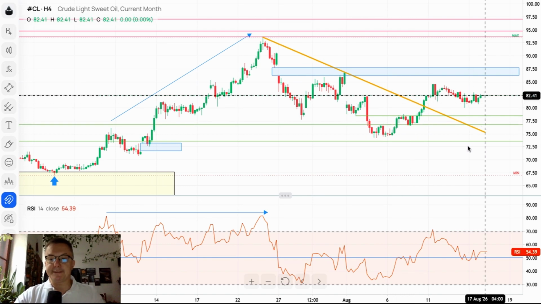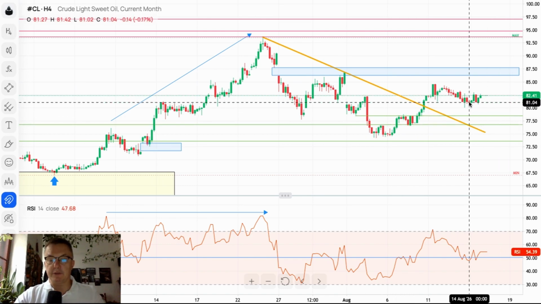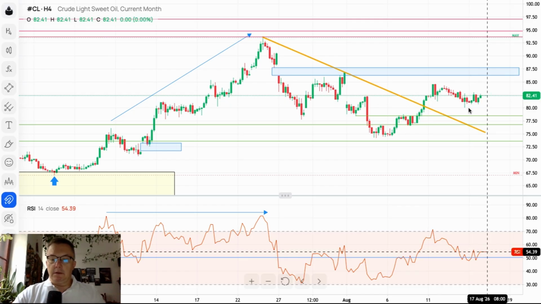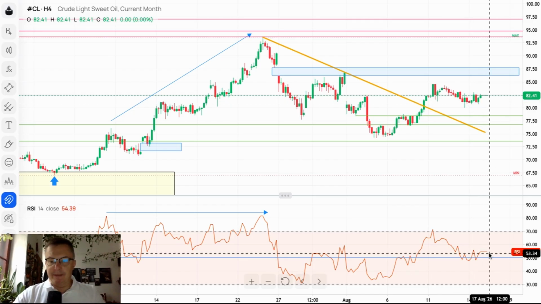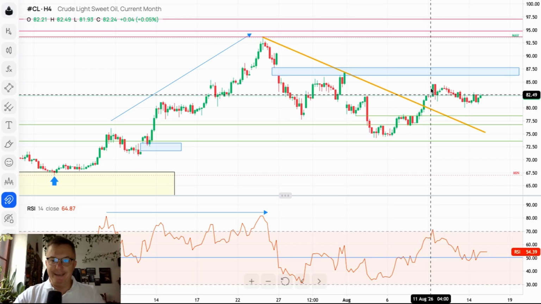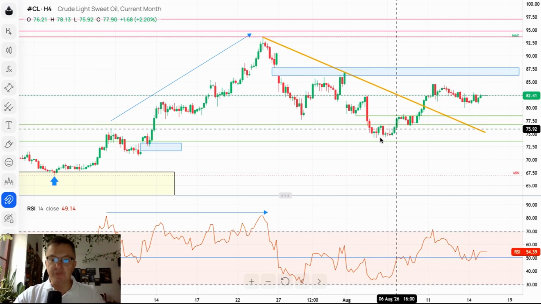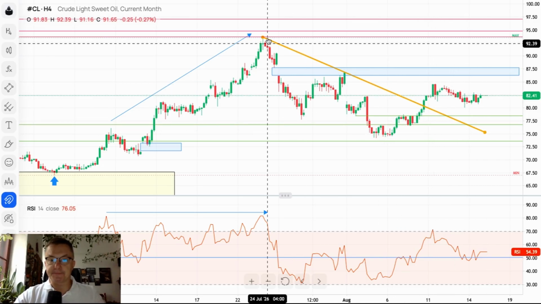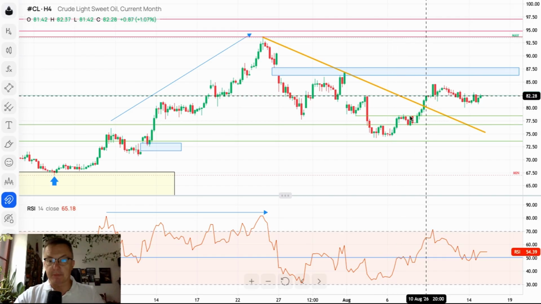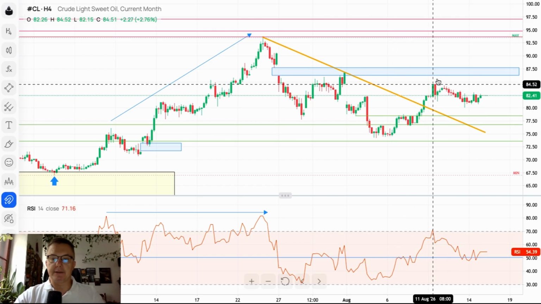Crude oil stopped a little bit around the level of $82 per barrel with kind of a positive momentum, but not that strong. Obviously, we got this very nice resumption and breakout above the trend line.